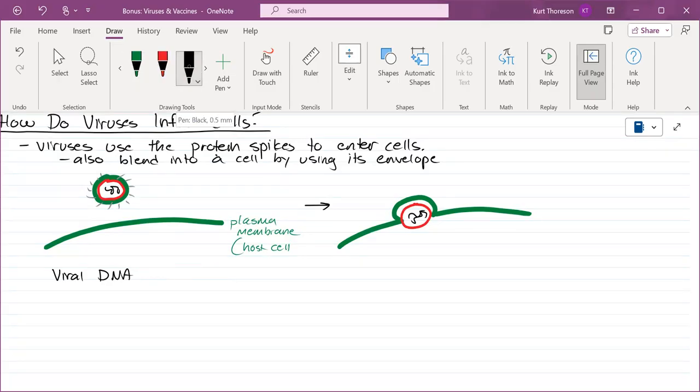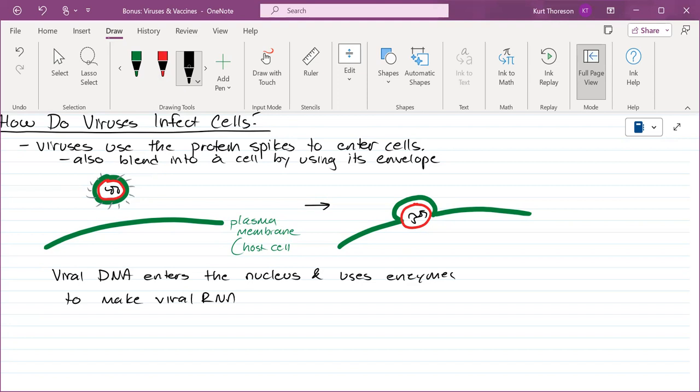Viral DNA, yeah, I guess I'll say it, enters the nucleus and uses enzymes to make viral RNA, which is transcription, and viral protein. Now, these viral proteins lead to more viruses.